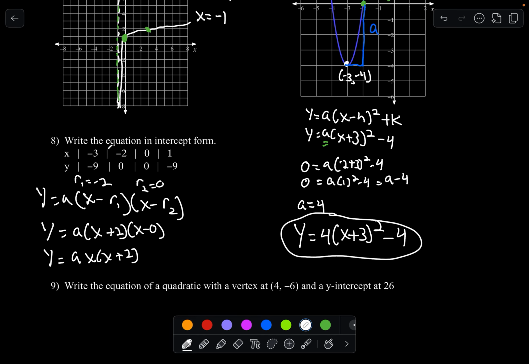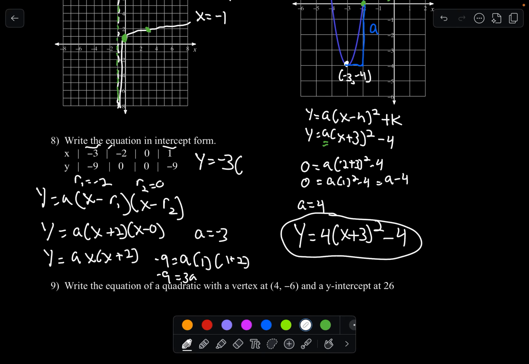We have two to choose from: (-3, -9) or (1, -9). I'm going to choose (1, -9). So we get -9 for y equals a times 1, because that's what x is, times (1 plus 2), which is 3. So -9 equals 3a. a equals -3.